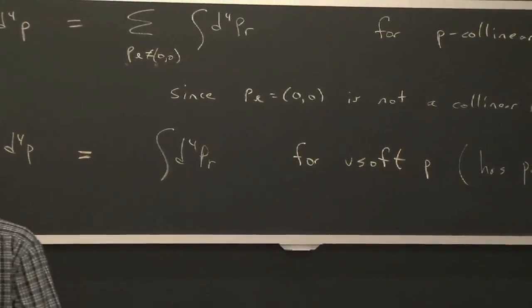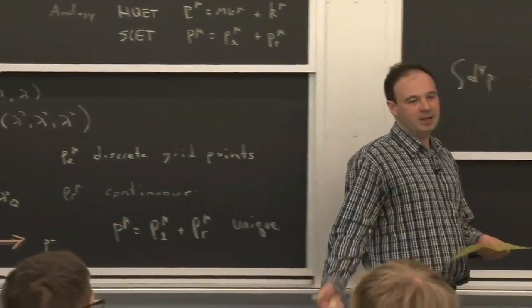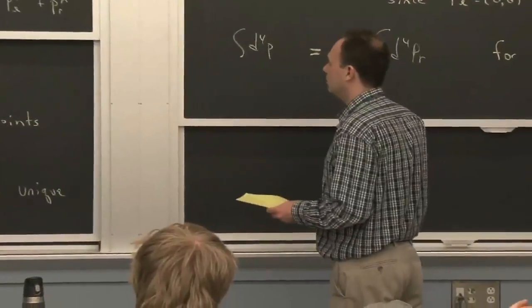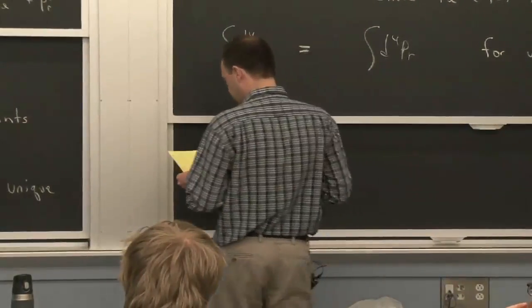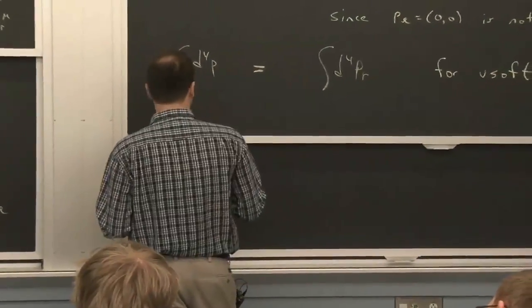What am I going to do with my fields? Because of this split into two different pieces, my fields can be labeled by PL and carry PR also as an index, or be a function of PR.